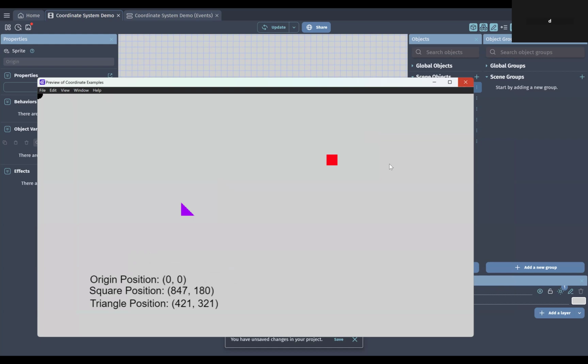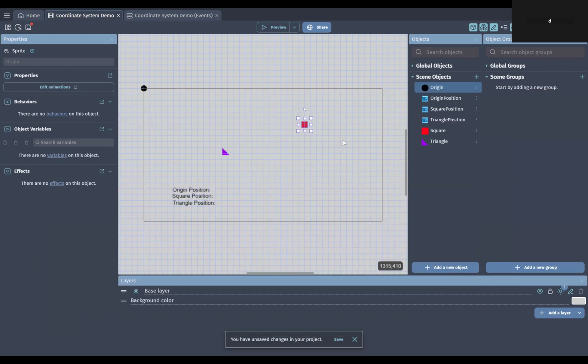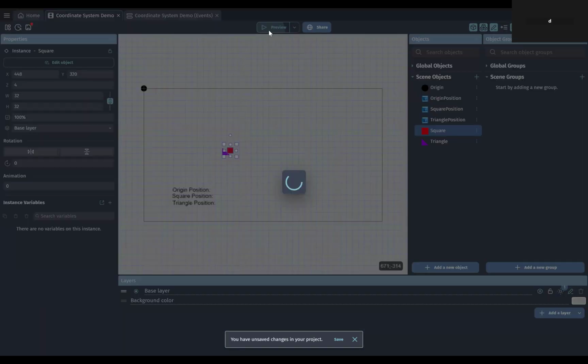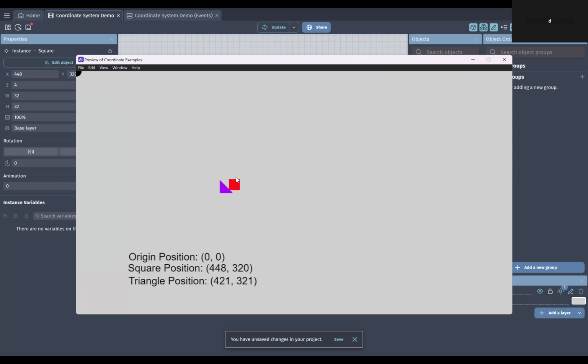Let's also try something different. Let's move the square and the triangle close to each other. Right now, they're not really colliding. They're barely just touching.